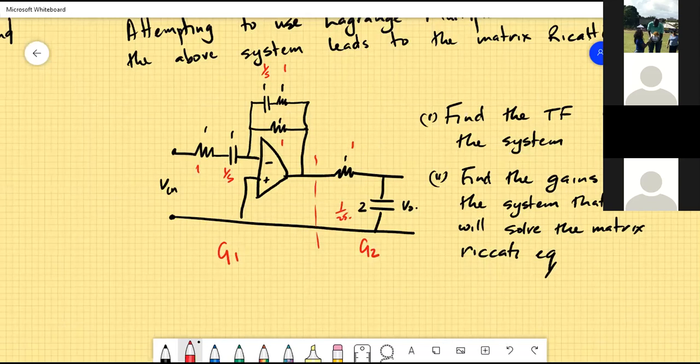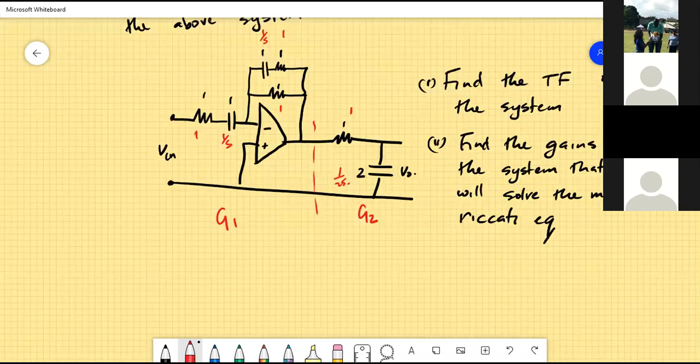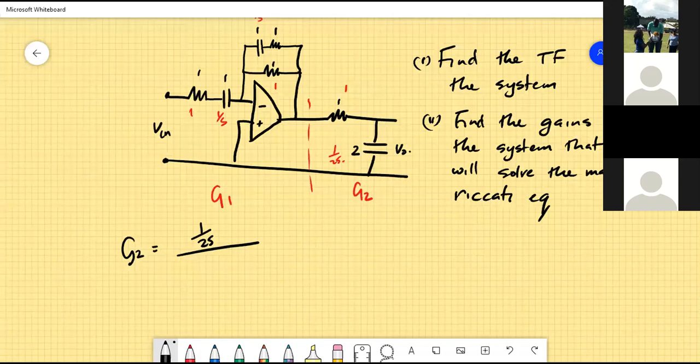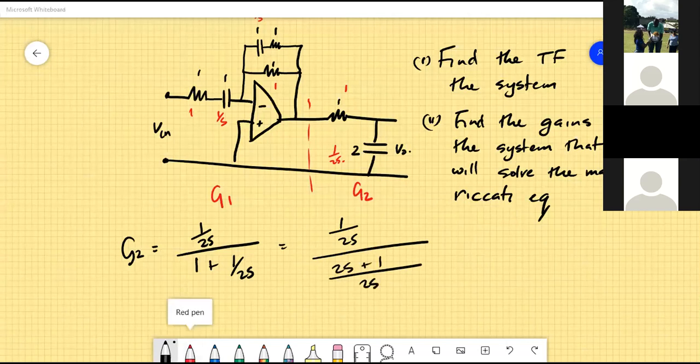So G2 is equal to 1 over 2s over the sum of these two, which is 1 plus 1 over 2s. That's 1 over 2s over 2s plus 1 over 2s. These cancel. So that's equal to 1 over 2s plus 1.